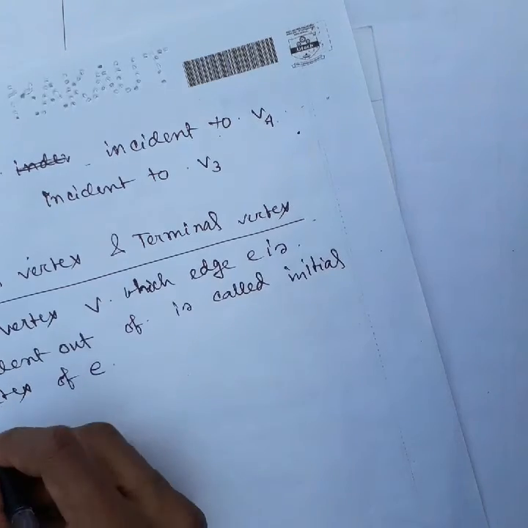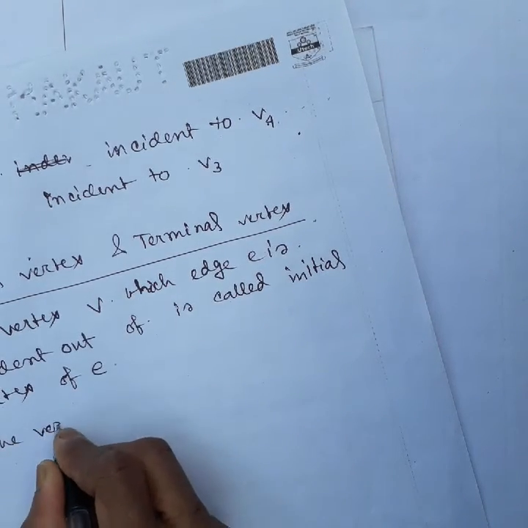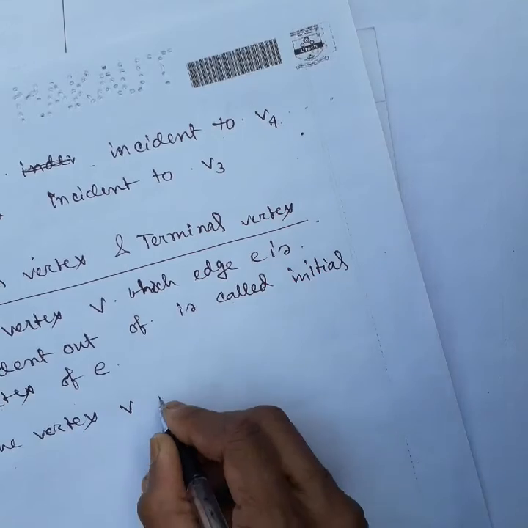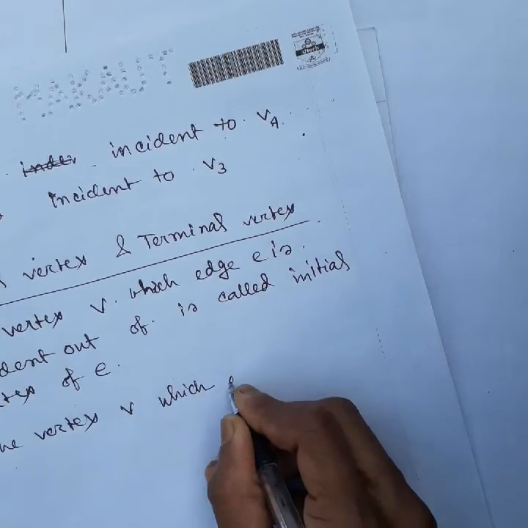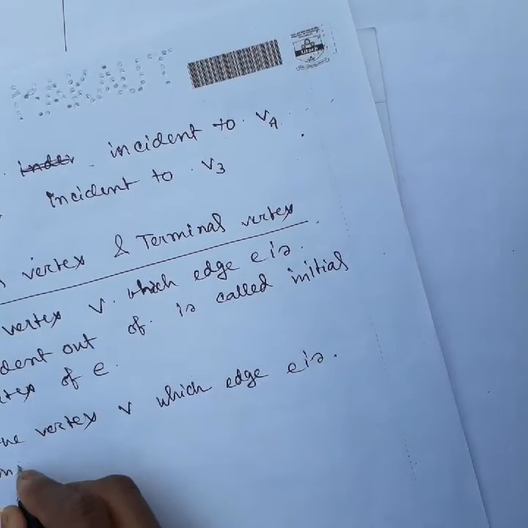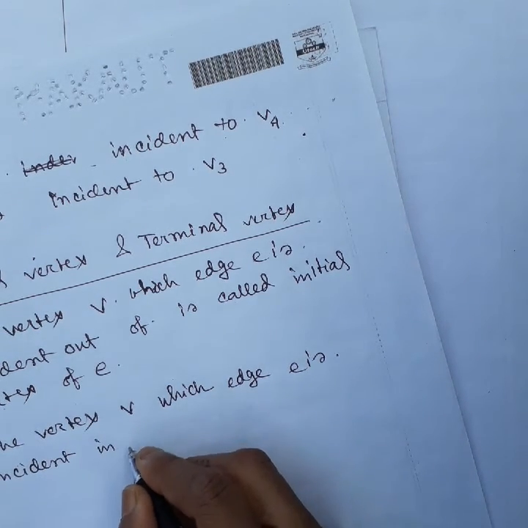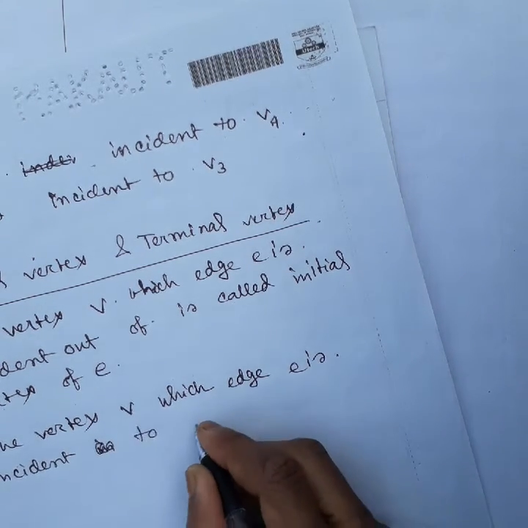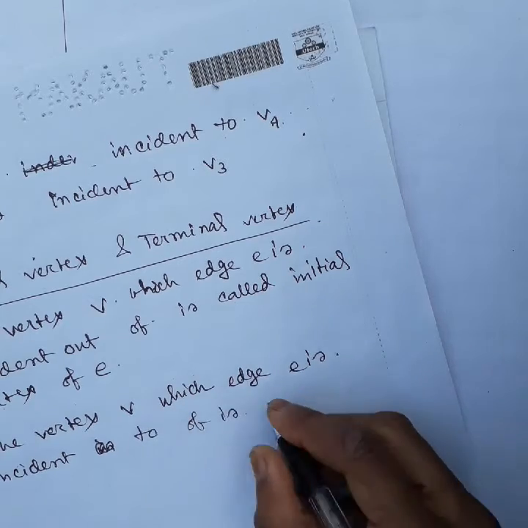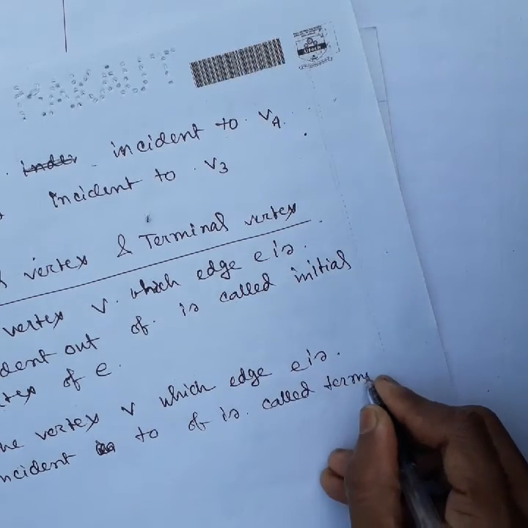And what is the terminal vertex? The vertex V which the edge E is incident into is called the terminal vertex.